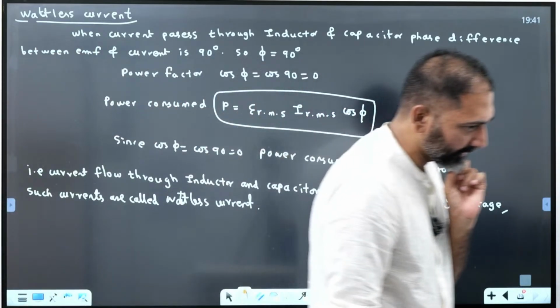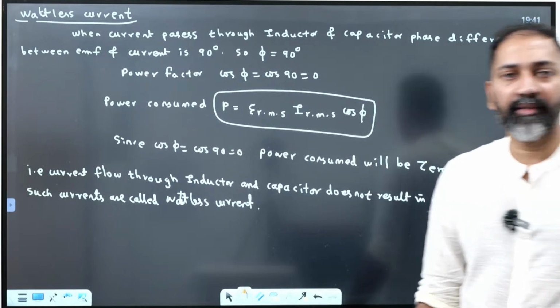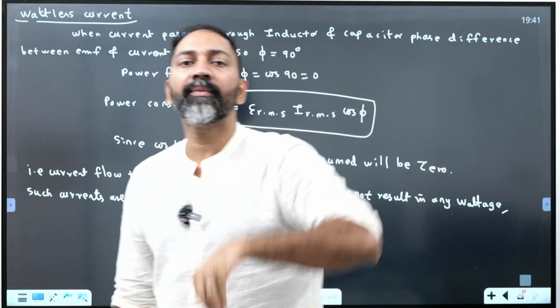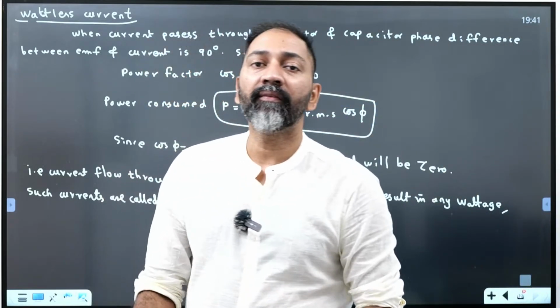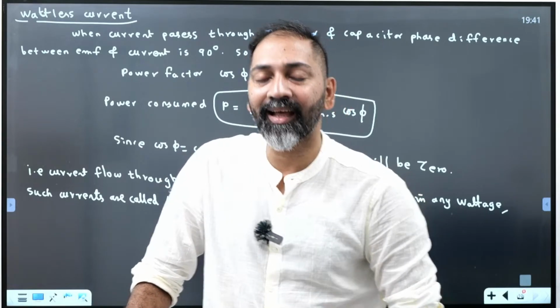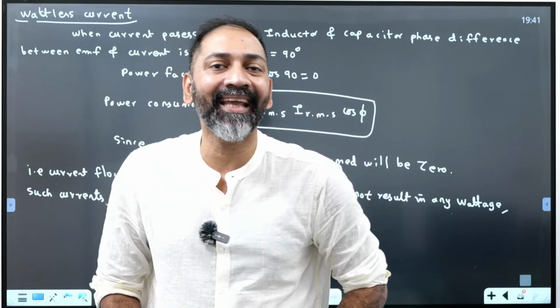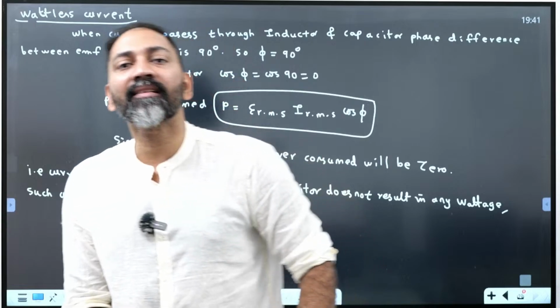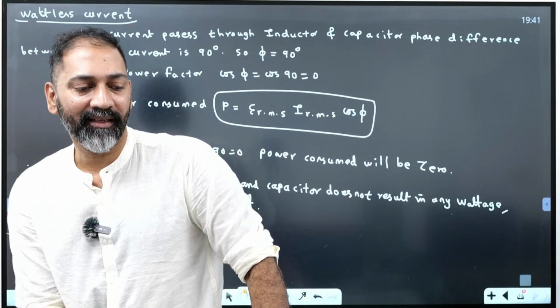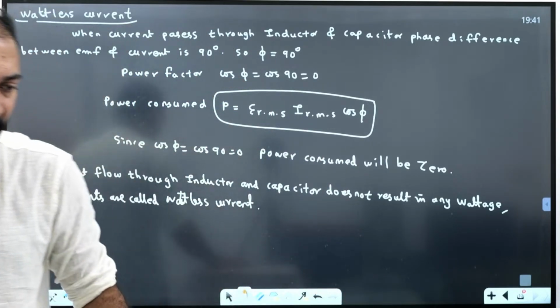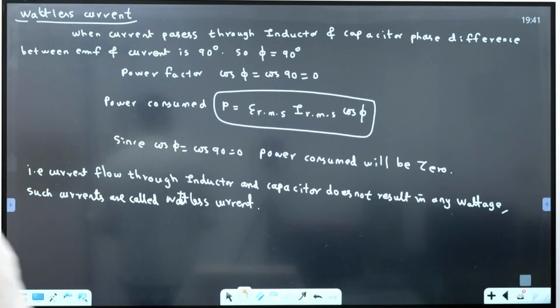That is, phi is 90 degree. Cos 90 is what? 0. So power consumed will be what? 0. So even though current flows, that current flow does not result in any wattage. Such currents are called what? Wattless current. Any doubt?